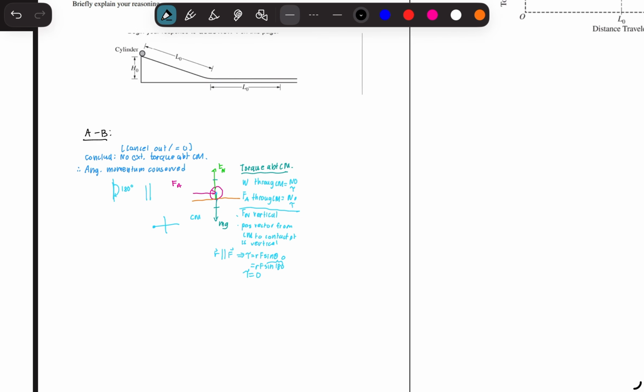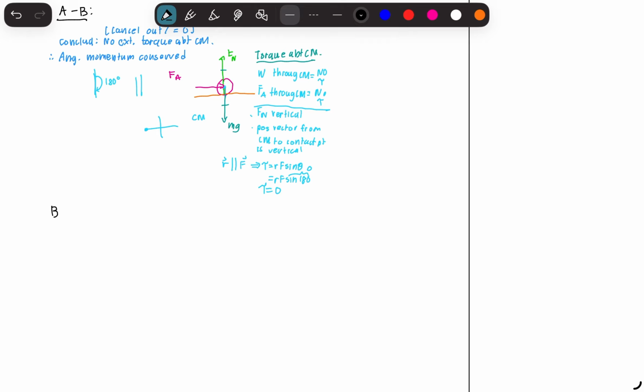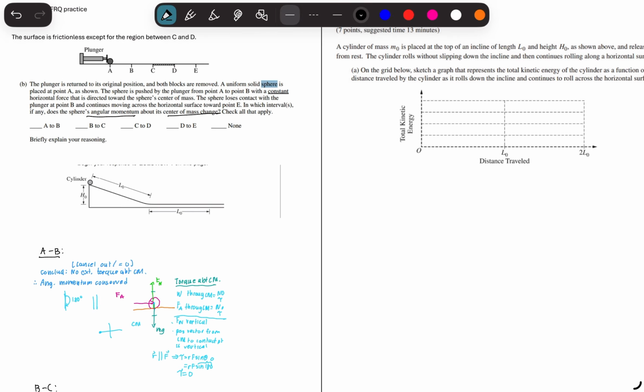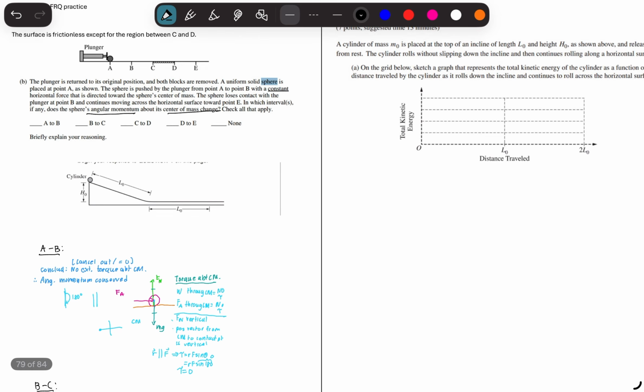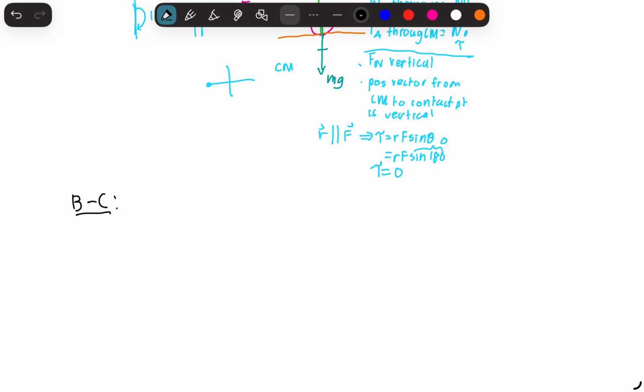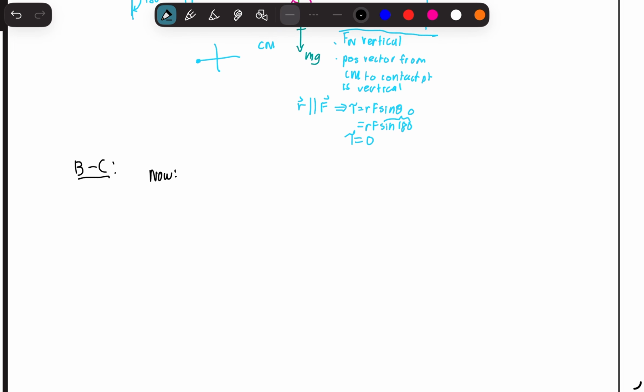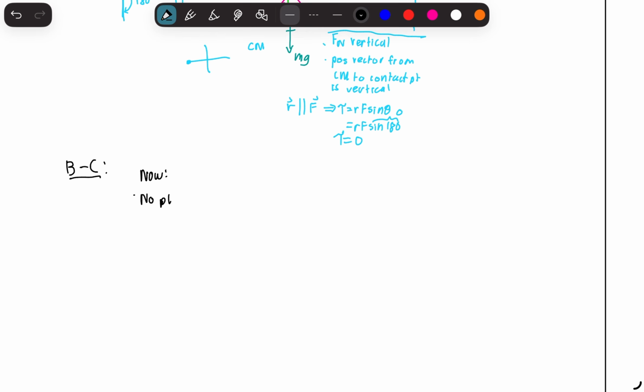Now from B to C, on this interval, there's still going to be no friction. So it's going to be frictionless. So now what we have is no plunger force.